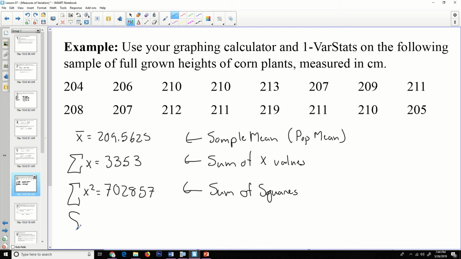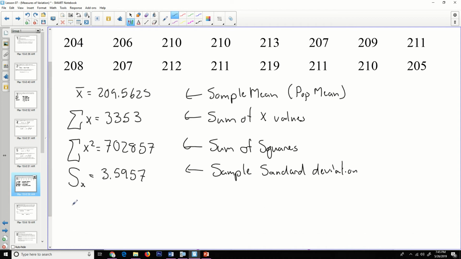The next one, Sx, equals 3.5957. That is our sample standard deviation. And then we have lowercase sigma x, 3.4815.